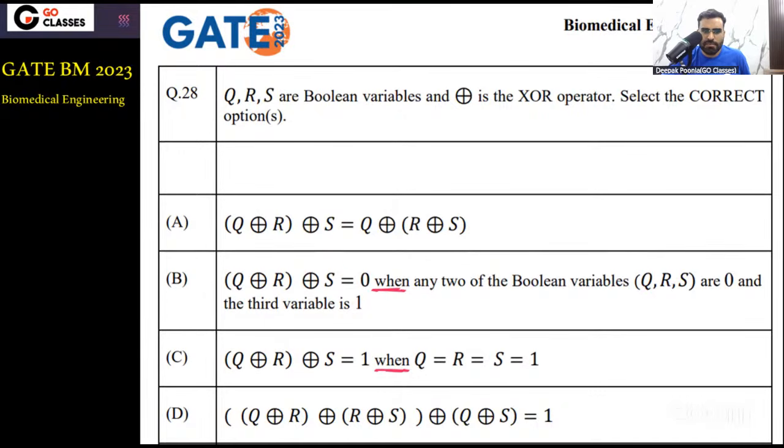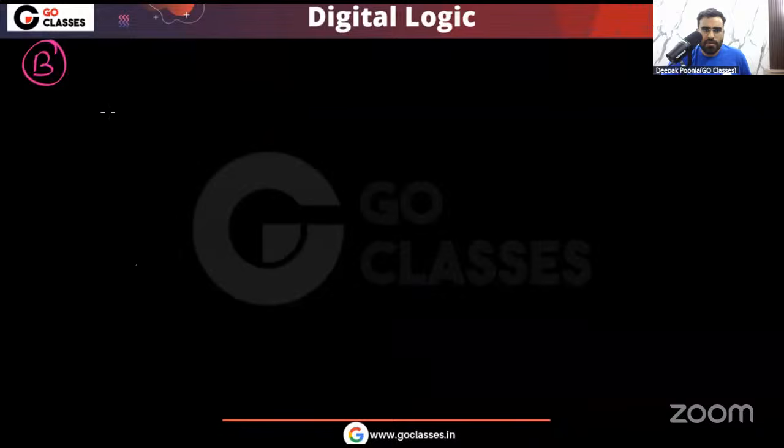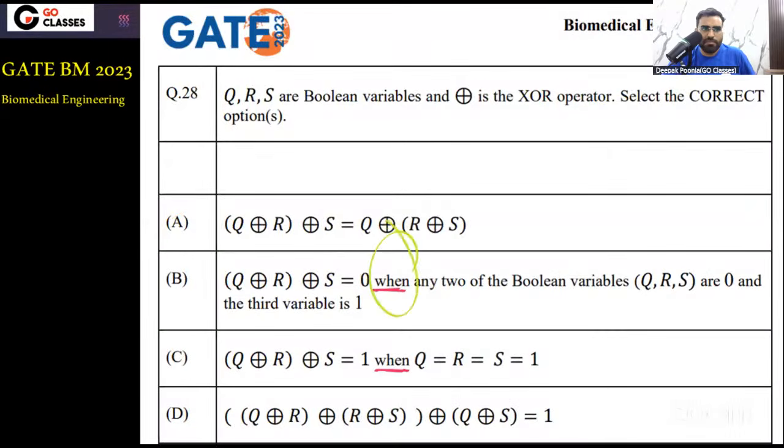What is option B saying? Option B is saying that when any two of the boolean variables Q, R, S are 0 and the third variable is 1, then Q XOR R XOR S will be 0. Yes, this statement is true. Why is this statement true?